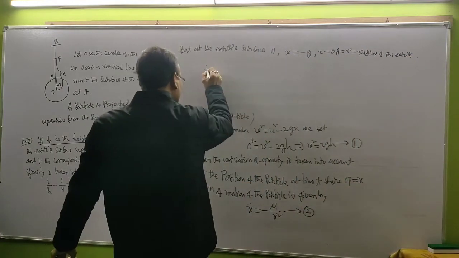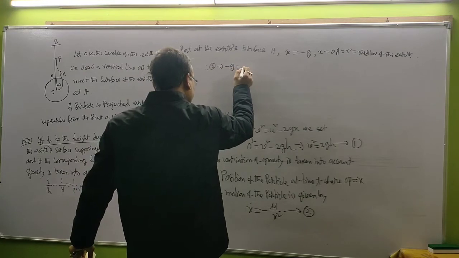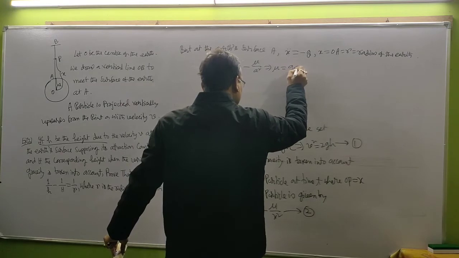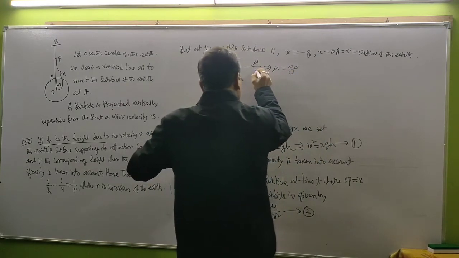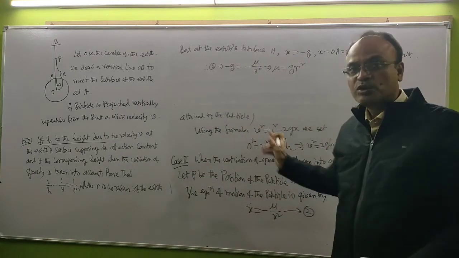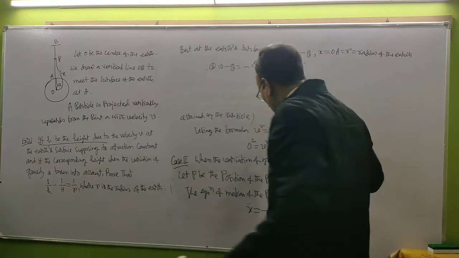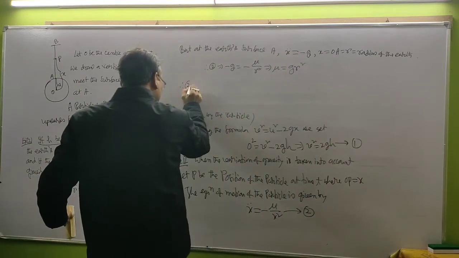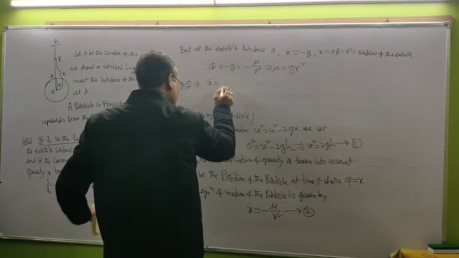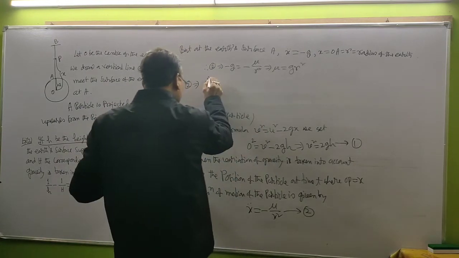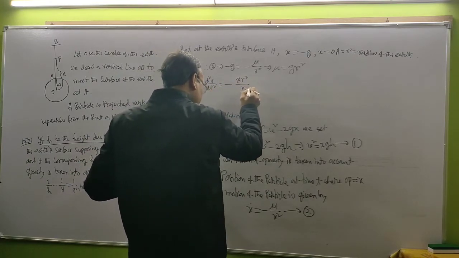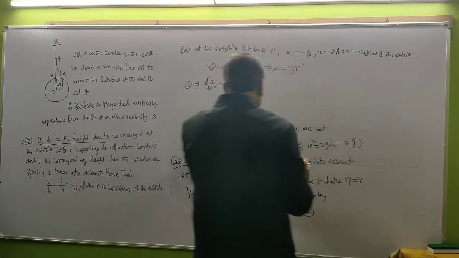Therefore from 2 you will get minus g equal to minus mu divided by r square. This means mu equal to g r square. Putting mu equal to g r square in 2, we get x double dot, which means d2x by dt square, equal to minus g r square divided by x square.